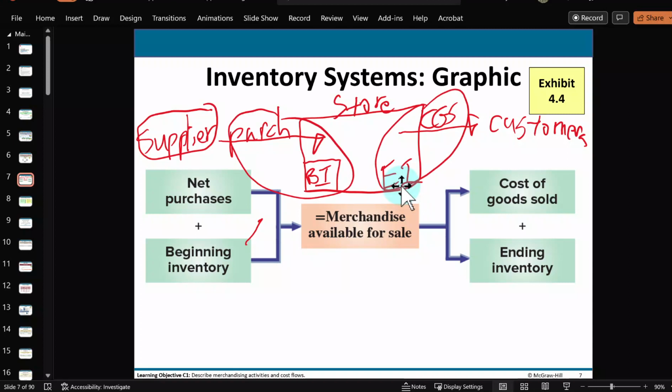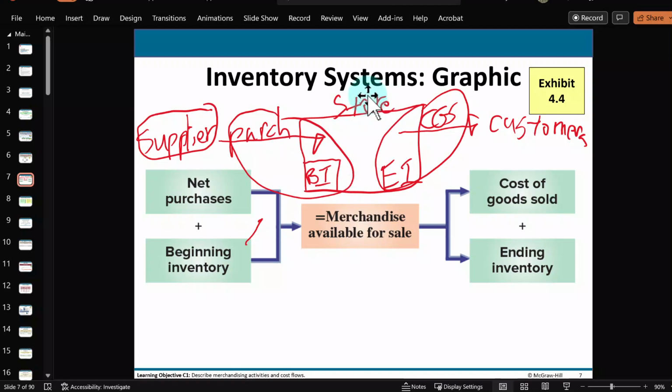Now, we learned in the past couple chapters how to record transactions using debits and credits. This store account, this merchandise account right here, is an asset. Remember, something you own that has value.